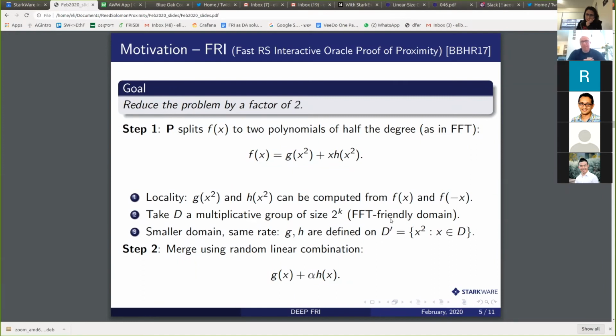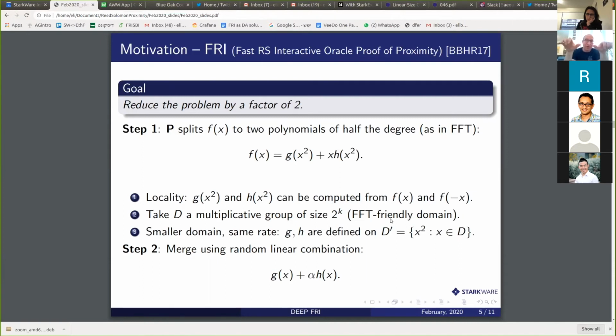Yes, yes. So another way to think of it, right, in the FFT, you start with F, and then you basically go when you want to move from, let's say, the evaluation to the interpolation or vice versa. So you start from F, you go to two subproblems, and you solve each one of them on the subdomain D prime. What you do in FRI is you mentally say, okay, the prover could be doing this.